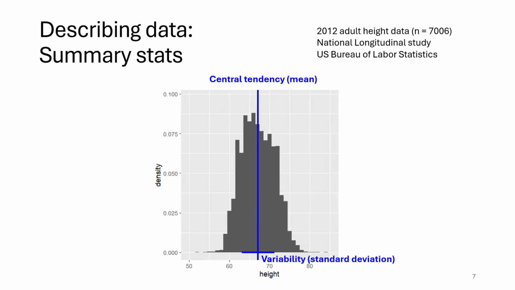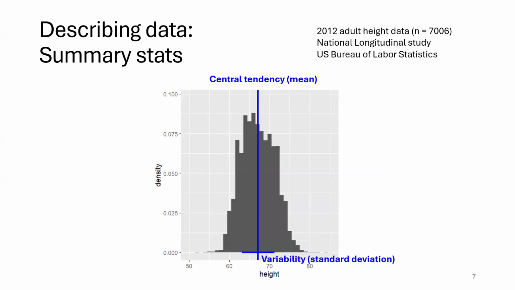In addition to describing the shape, we can describe data in terms of summary statistics that tell us about key characteristics. For any continuous metric variable like height, we'll probably have some metric of central tendency and some metric of variability, which I'm showing here as the mean and standard deviation.